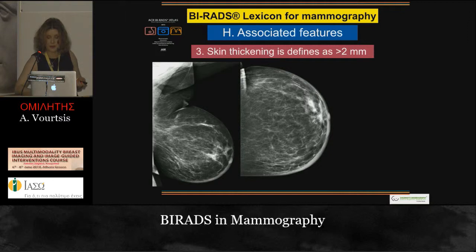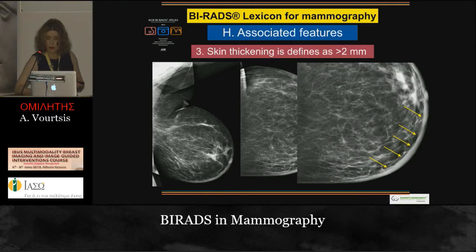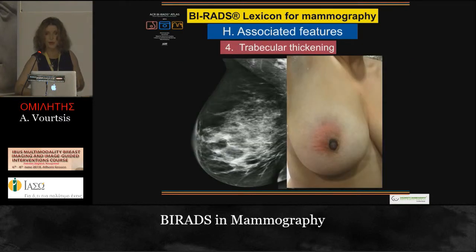Skin thickening is defined as an increase of the skin of more than 2 to 3 millimeters. It might be diffuse or local. Further evaluation is needed, and always please remember to compare with previous examinations, because this is very important in order to differentiate from a finding that was there for many years.